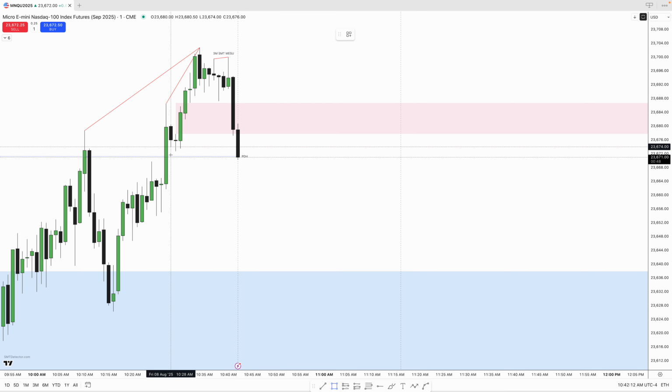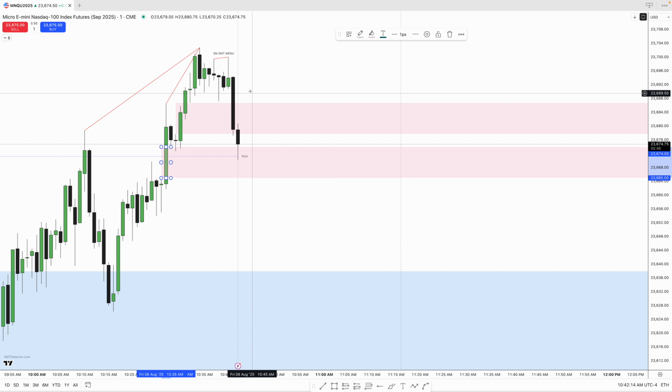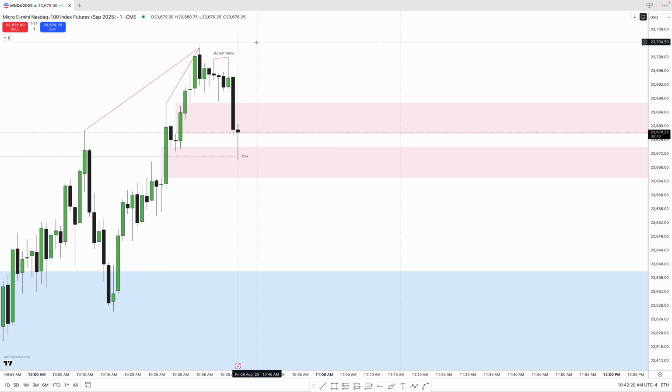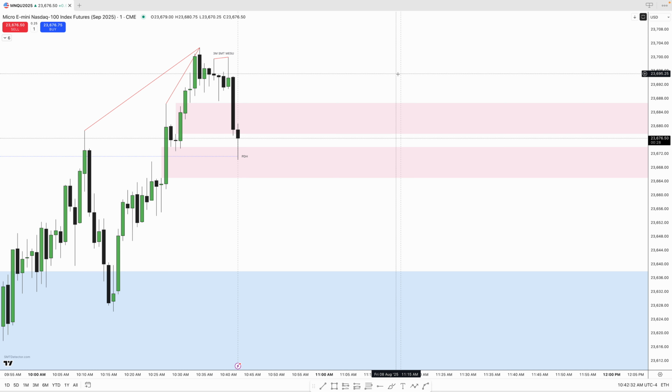The next array is here. I want to see the closure here. Okay, I want to see a closure and a retest.